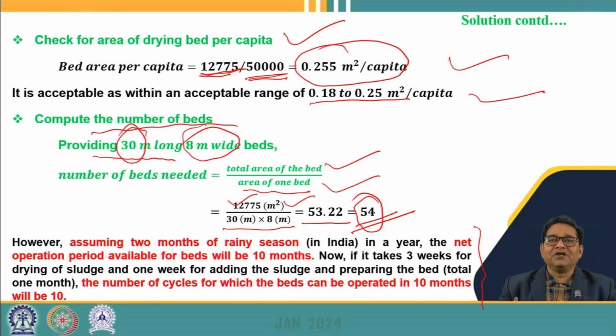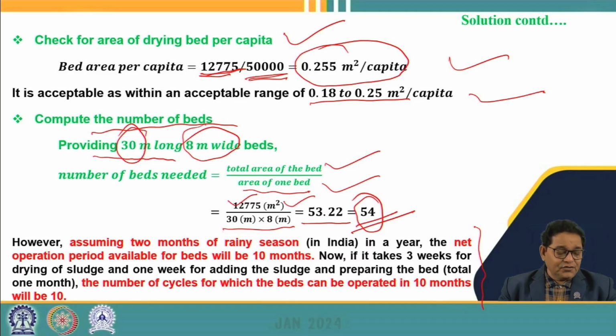To complete one cycle, including the application of the sludge, dewatering, drying, and then again excavation of the sludge, the complete cycle takes about 1 month. So in a year we presume that a total of 10 cycles can be performed for every bed.